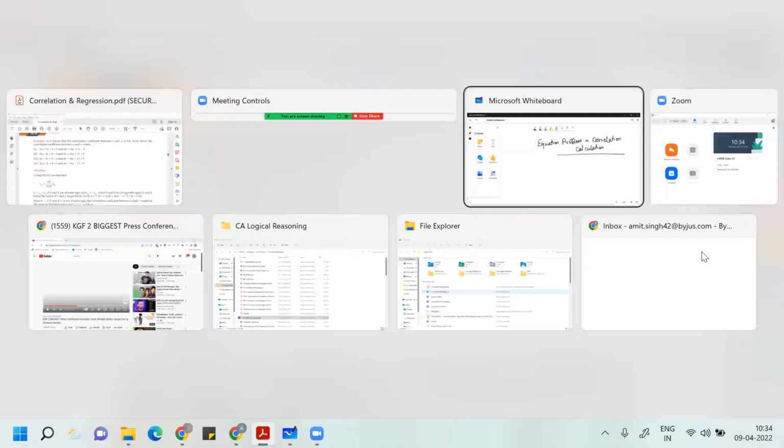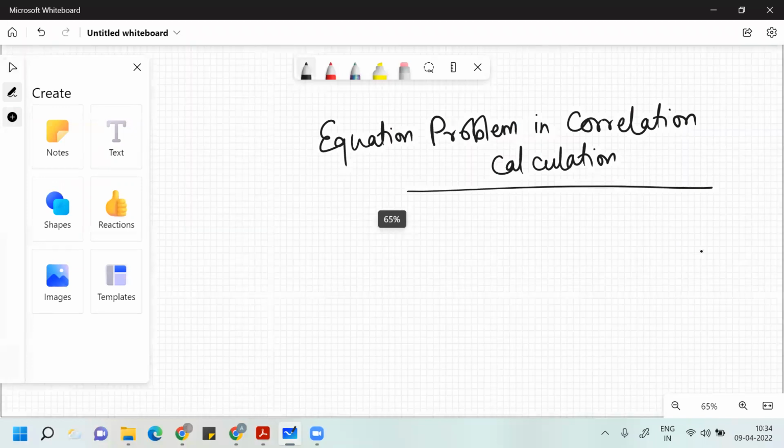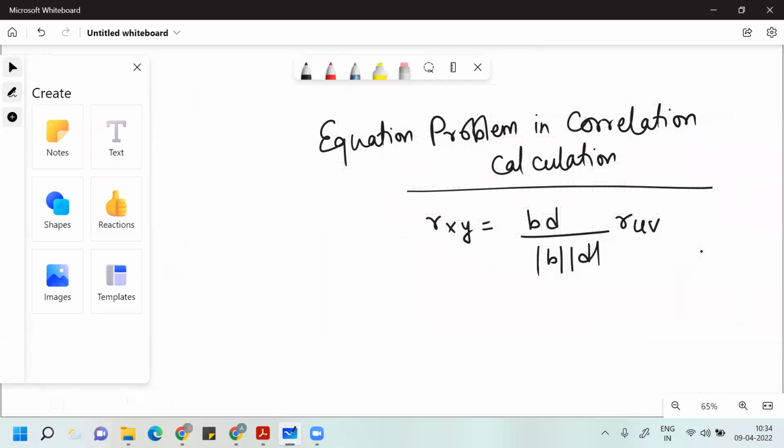The general formula we follow when it comes to correlation coefficient calculation is that r of xy is equal to b into d divided by modulus of b, modulus of d, into u into v. This is the formula, guys, where b and d are the slopes of the two equations.